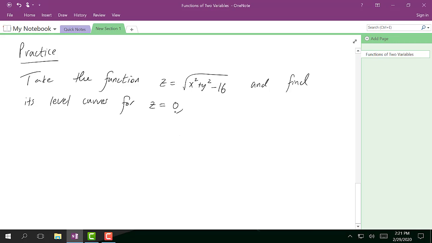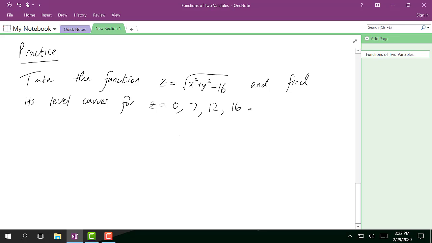Z equals 0, z equals 7 should be fine, 12, and then 16.